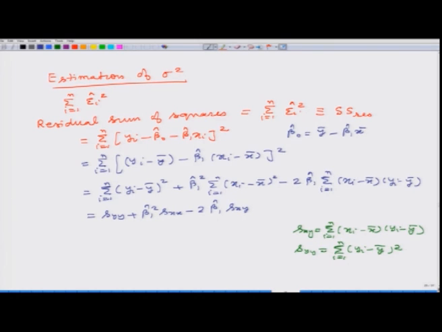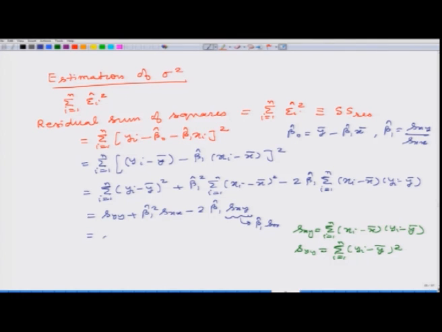And we had seen that beta 0 hat is this and beta 1 hat is Sxy over Sxx. So, I can write this Sxy as beta 1 hat times Sxx.